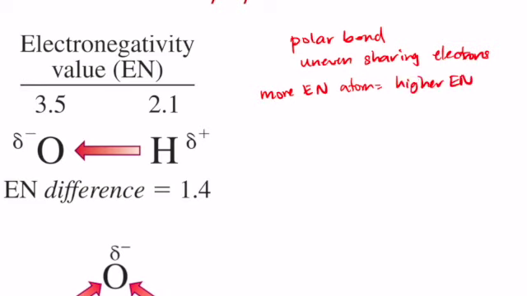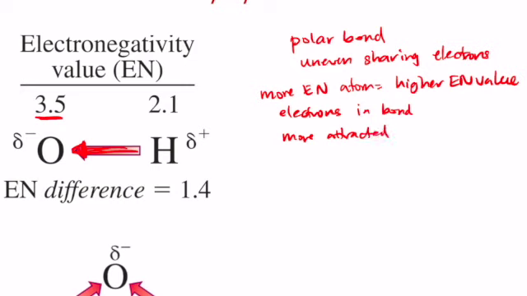That means the electrons are pulled towards the atom with the higher electronegativity. So in this example, oxygen had the value of 3.5. Because oxygen has that high electronegativity, the electrons in the bond are more attracted to that oxygen atom, the more electronegative atom.